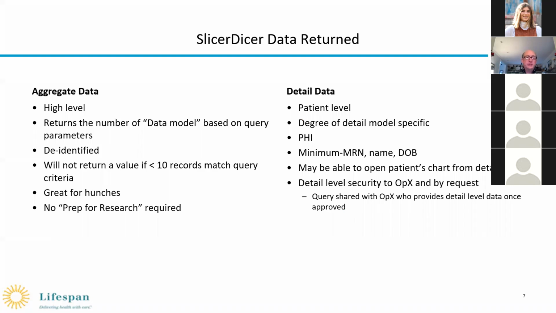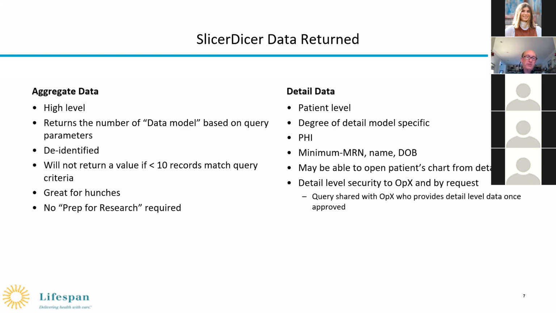And that information is de-identified. So there's no PHI, there's no names, there's nothing other than here's the number that meet criteria, 1, 2, 3, 4, 5. To make it unlikely that someone would be able to say, oh, I think they're talking about this patient who I know has this diagnosis or whatever, it does not return a value if there are less than 10 records that match the criteria.